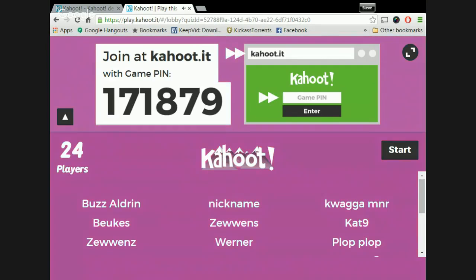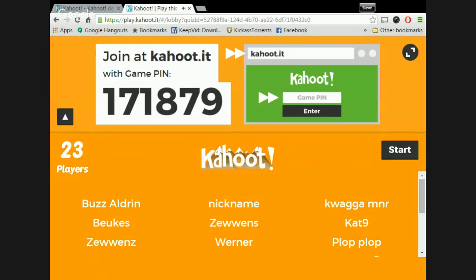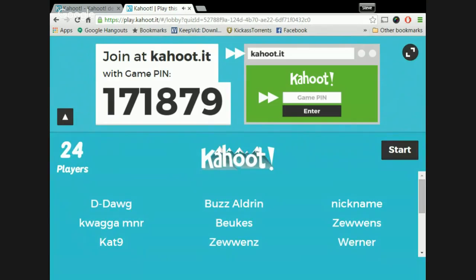They'll be on different colored blocks. All that you're going to see on your screen is 4 different colors. And you touch the color that you think corresponds to the right answer. Now, what's interesting is if you get it right, you're going to get some points. But if you get it right quicker than other people, you're going to get more points. So, the fastest fingers get the most points, unless you get it wrong.